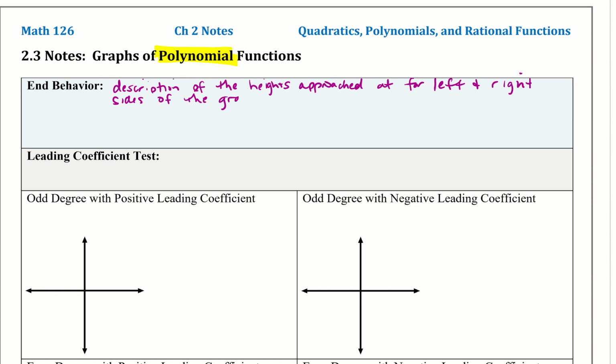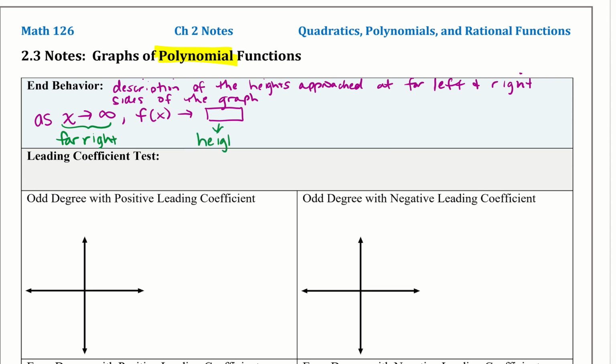Usually when we talk about end behavior, there's some notation that's common to use. We might say something like this: as x approaches infinity, f of x approaches something. What is this saying? As we look at the far right side of the graph, f of x approaches what height?